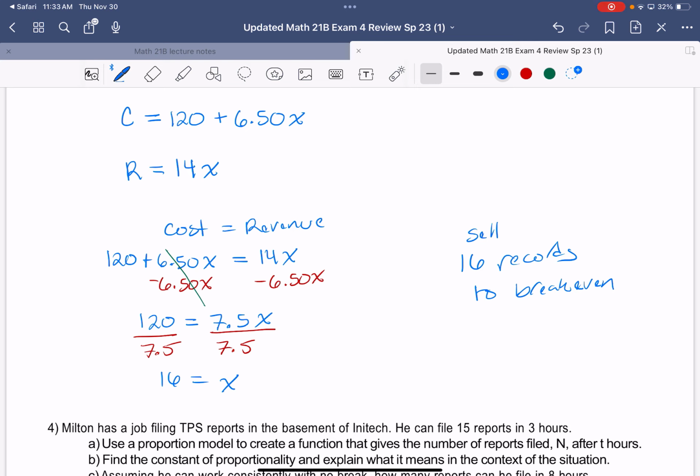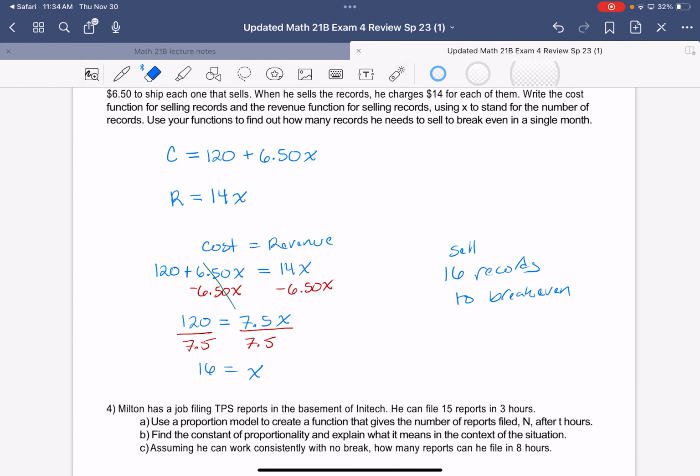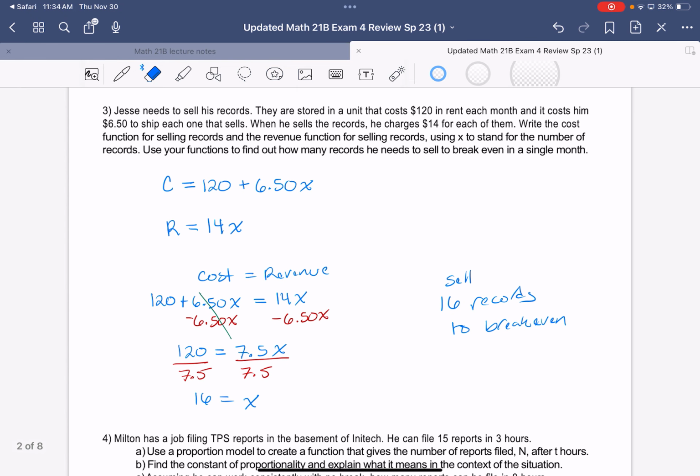If he sells any less, he's losing money. If he sells more, he's making a profit. Any questions there?